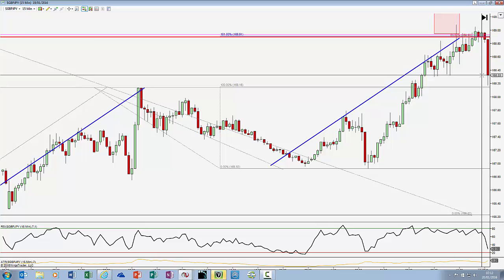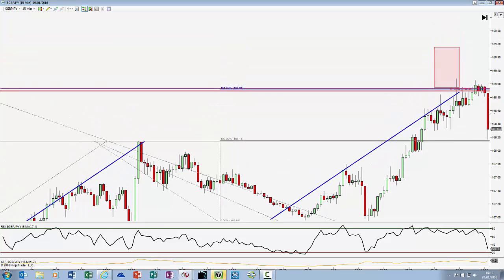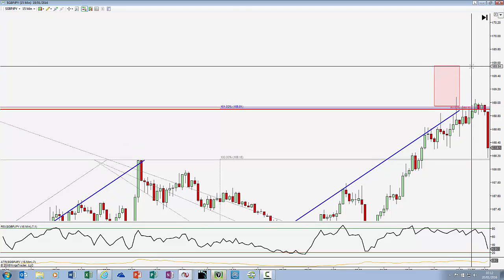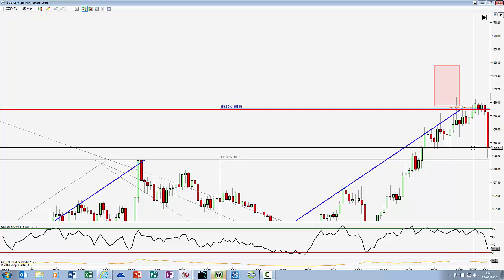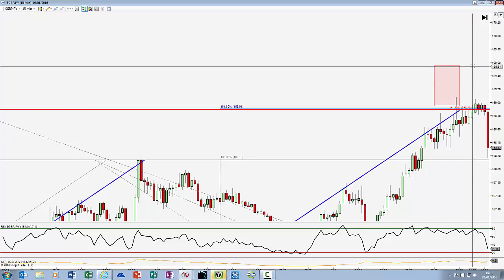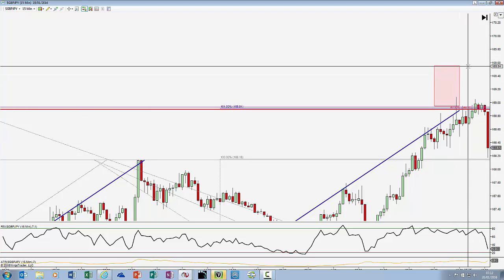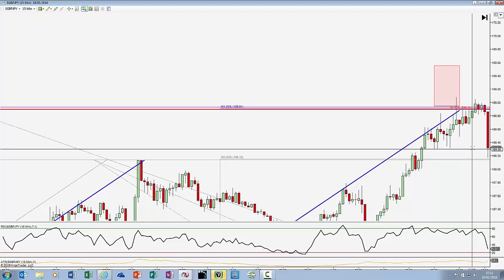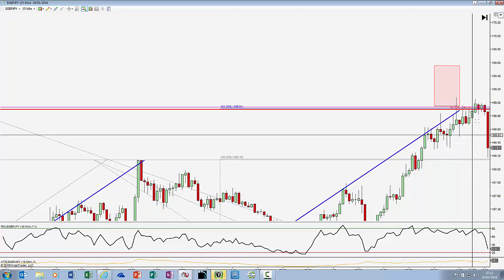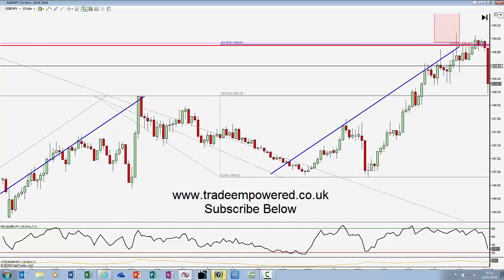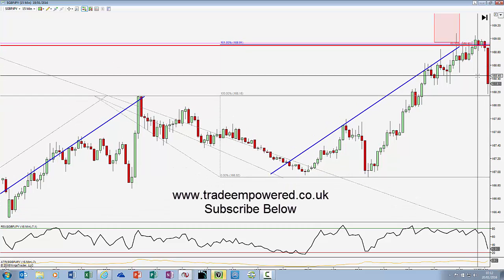Now if I was to enter next bar market here, because my stops are up here at 169.55, you can see that that's well over 100 pips, and I have a rule in my plan that says that I can't risk more than 100 pips on any one trade. So I was unable to get involved here, but the most important thing is we stuck to the plan.